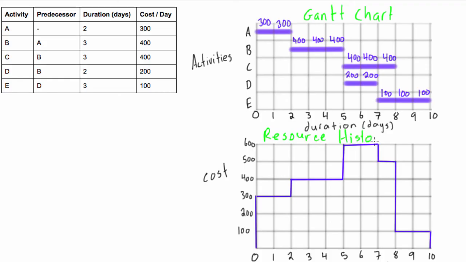Probably should have fast forwarded that part. But whatever, you're just gonna have to listen to me. Alright, so there we go. Gantt chart, resource histogram. You can show someone either of these. Maybe if you wanted to show someone, hey, look, this is our cost per day, pretty simple. People can see, okay, yeah, this day is going to cost more than maybe this day down here.